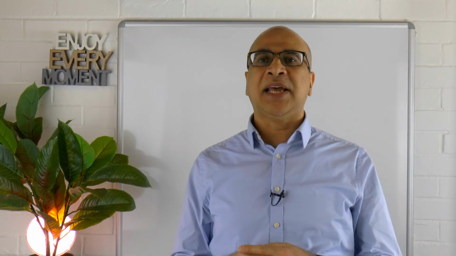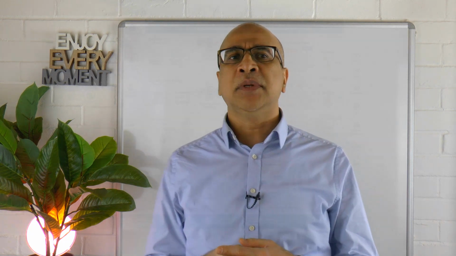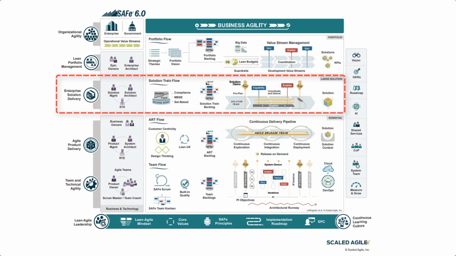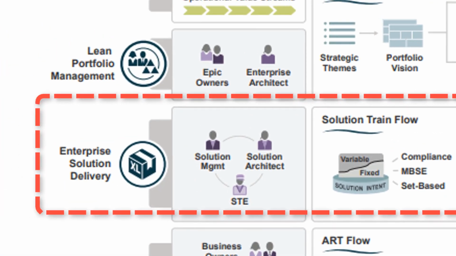Okay, so now let's step up to the next level higher at the solution level. So over here, you may now have a scenario where you have a really large solution. Over here, we need multiple Agile Release Trains. So we need, again, somebody who can align and coordinate that. And again, we have the solution management function over here. Again, pointing the direction of the solution. What is it we need?